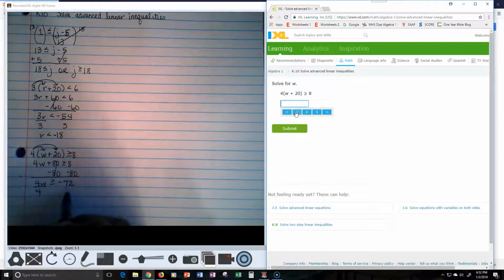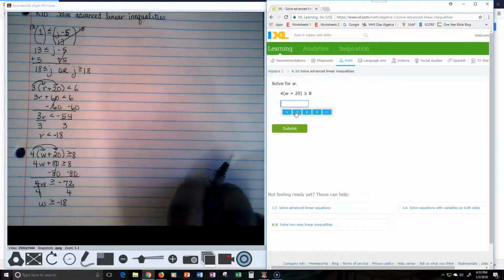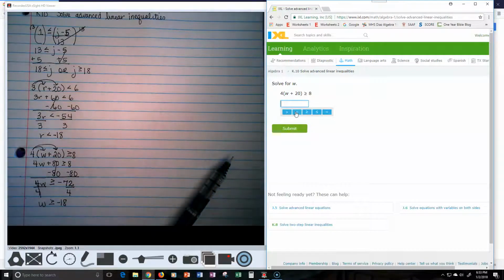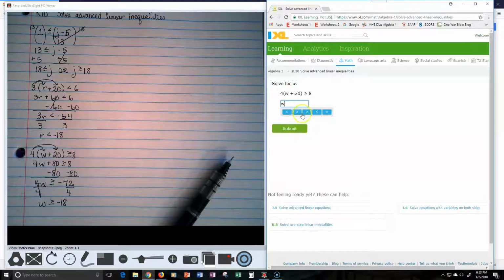And then I'm going to divide by 4 on both sides of the inequality sign. So I've got W is greater than or equal to 4 goes into 7 once, 4 goes into 32 8 times. So we've got that negative 18 again. So we've got W is greater than or equal to negative 18.